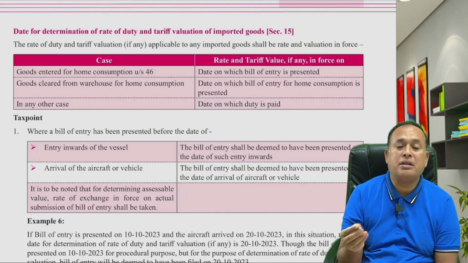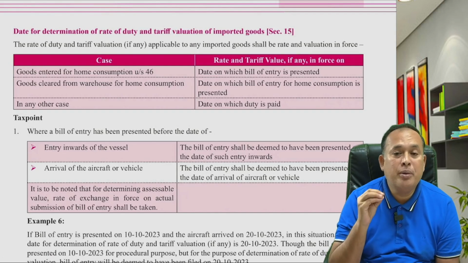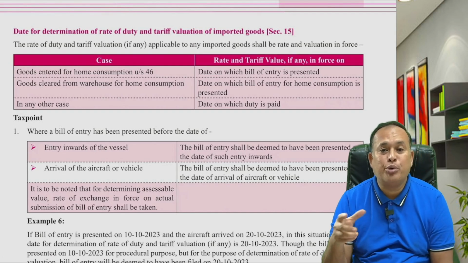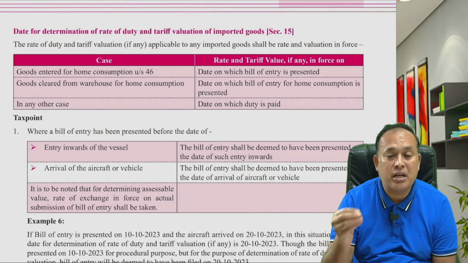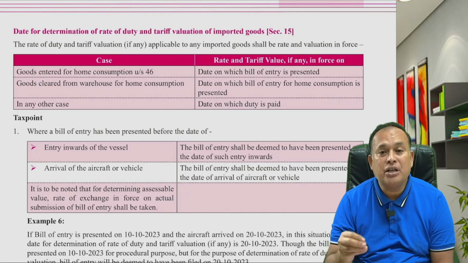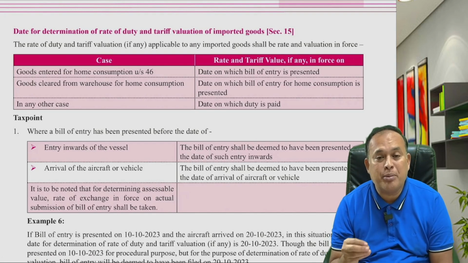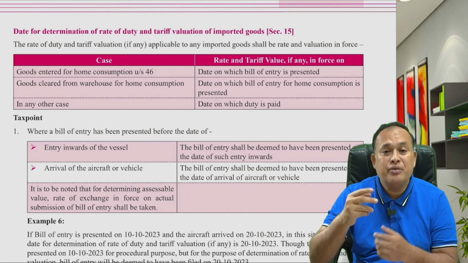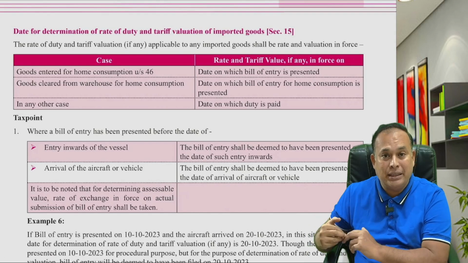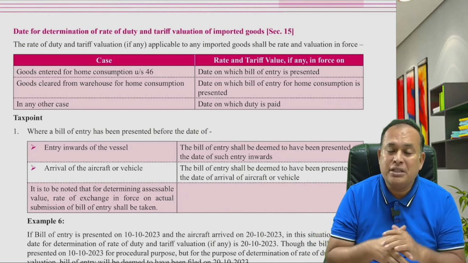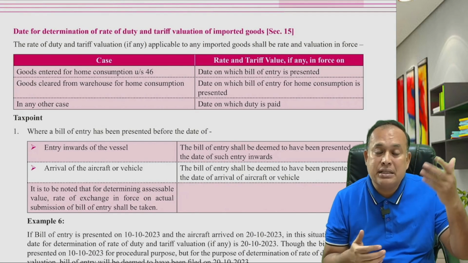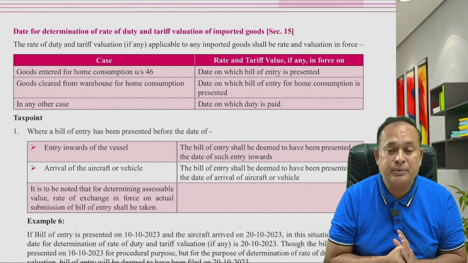As simple as that. What rate of duty will be taxable for imported goods? It is the date on which entry was granted to the conveyance or the date of submission of the bill of entry by the importer, whichever is later. As on that date, the rate of duty is applicable. These points we already covered in lesson number 3 itself.